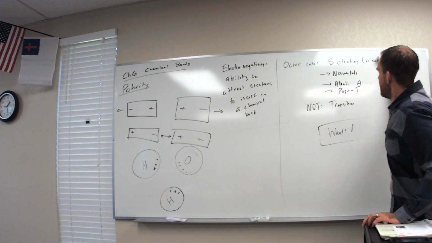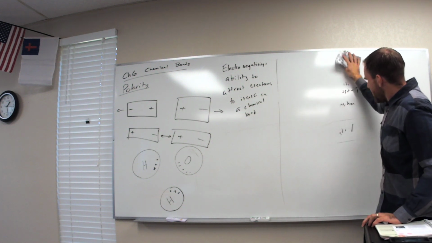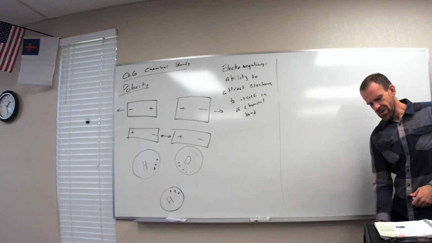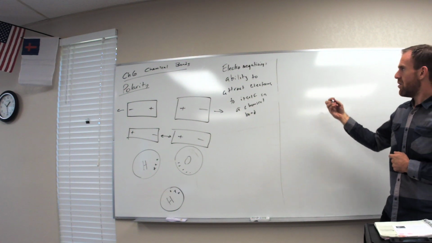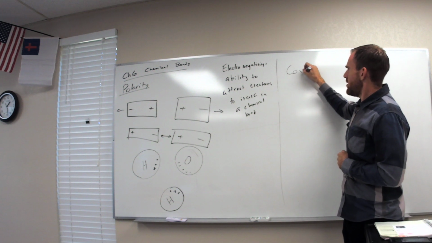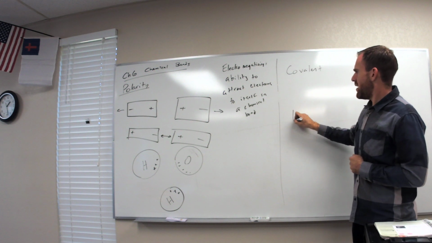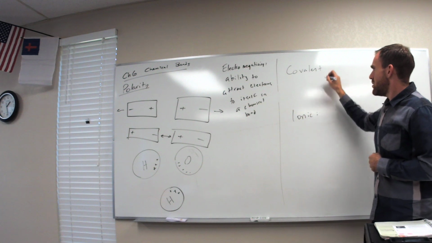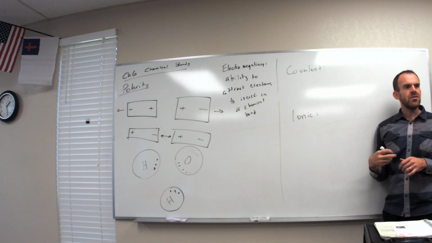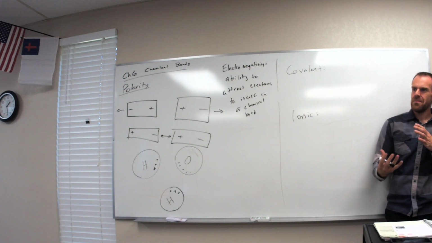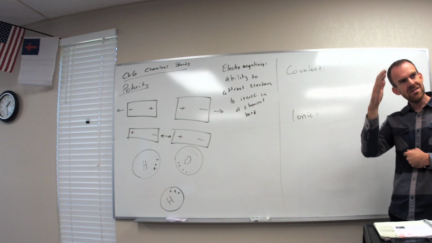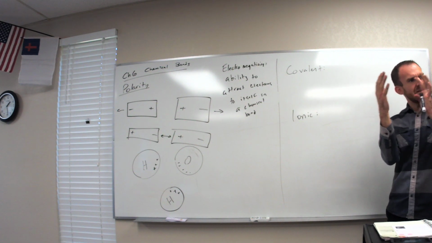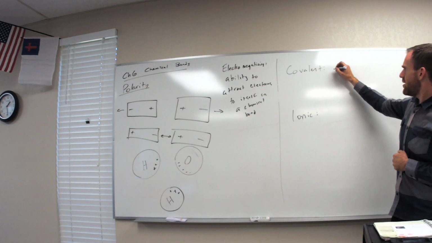All right. The disparity in electronegativity will dictate what type of bond you form. So, we talked about covalent and ionic bonds. Covalent bonds are generally between nonmetals. Nonmetals are going to be similar in electronegativity. Why? Because they're in the same column, or at least on the same part of the periodic table.